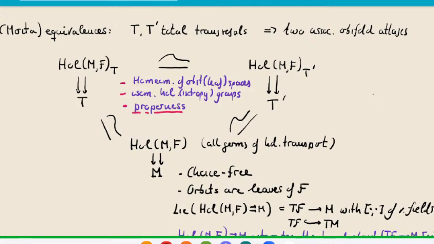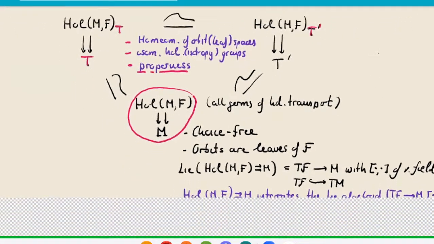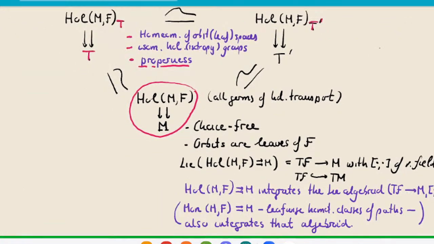And that means that rather than using these holonomy groupoids over the transversals, what one can do is basically collect all germs of holonomy parallel transport and then work with the full holonomy groupoid of the foliation.